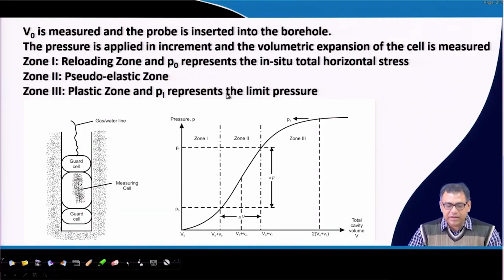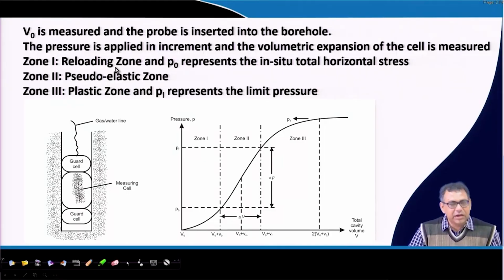That is why this pressure P0 is called the in situ total horizontal stress, because that is the in situ condition of the soil. Initially the soil was disturbed; now we apply the pressure, the probe expands, and the soil reaches its initial condition at this V0 volume change at P0 pressure.